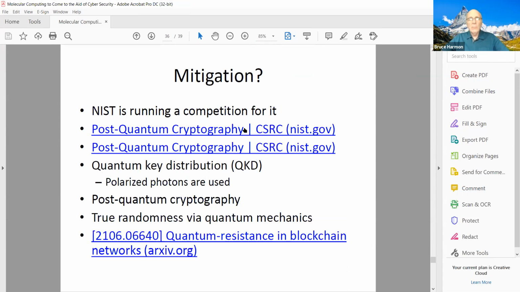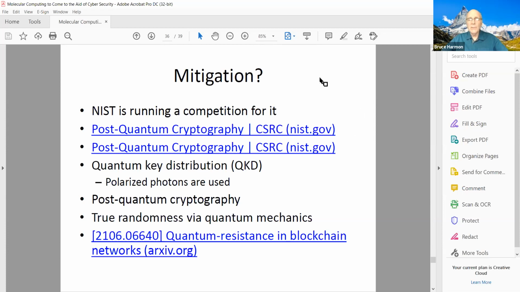But here, what you'll find is that the NIST is running a competition, and they're already through 3 rounds of competition. If you click on each of these links, you'll see exactly where they stand, who the players are, who the finalists are, and links to what they have proposed.